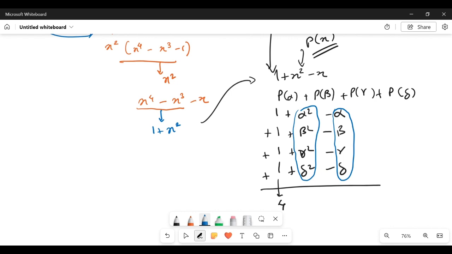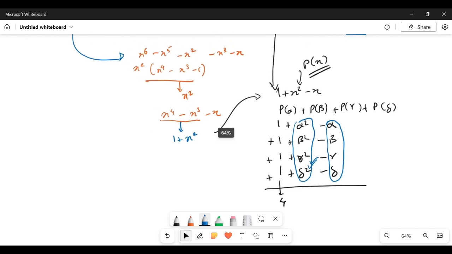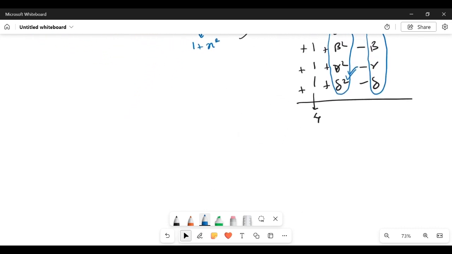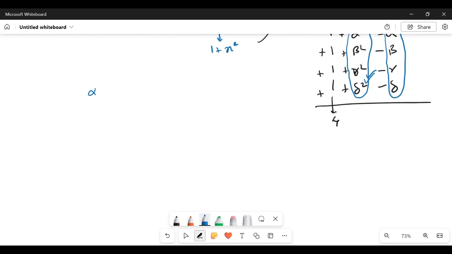Now we want this. This is alpha square plus beta square plus gamma square plus delta square. How are we going to get it? We will simply square. Okay. So let's do it here. Let me use some other color actually. Yeah, that would be better. Here we are going to find alpha square plus beta square plus gamma square plus delta square.